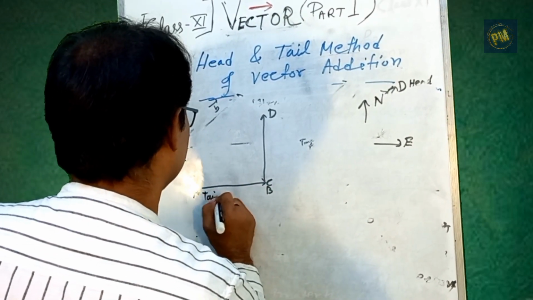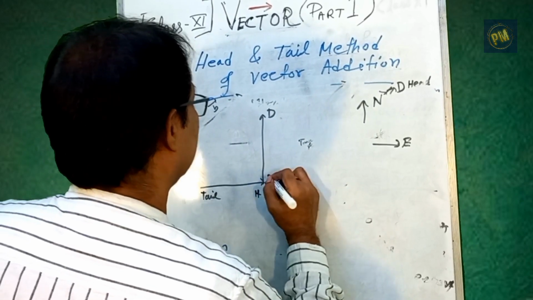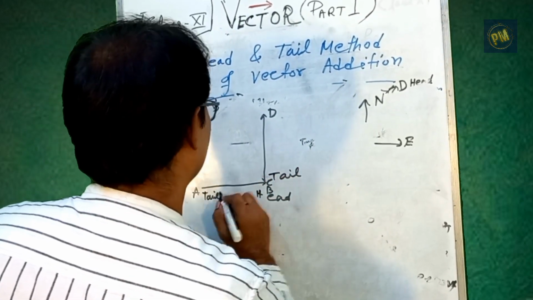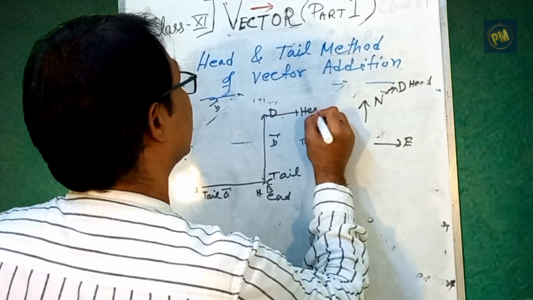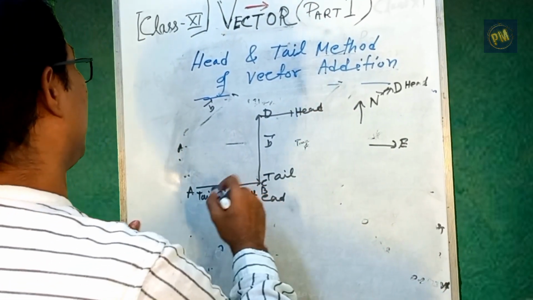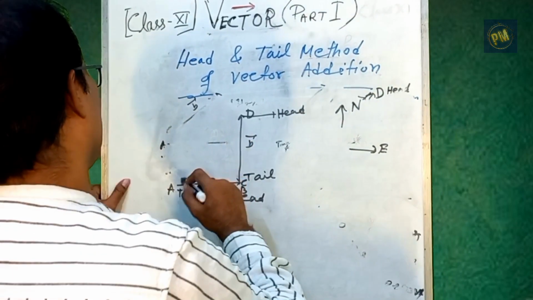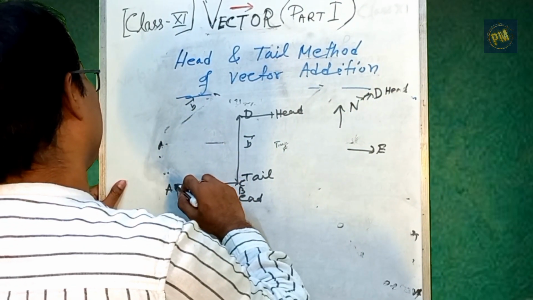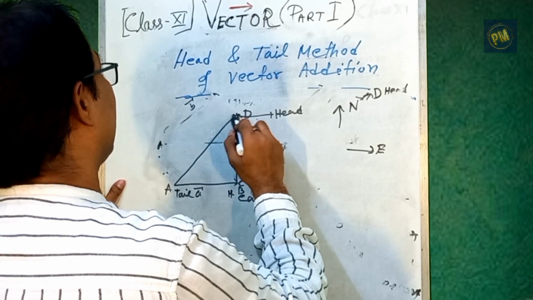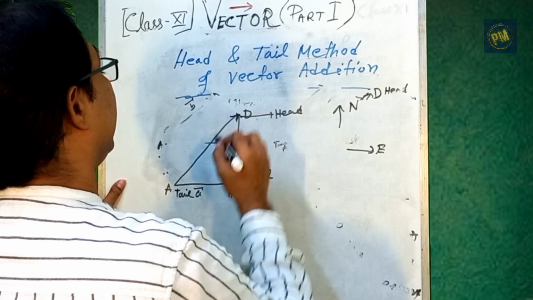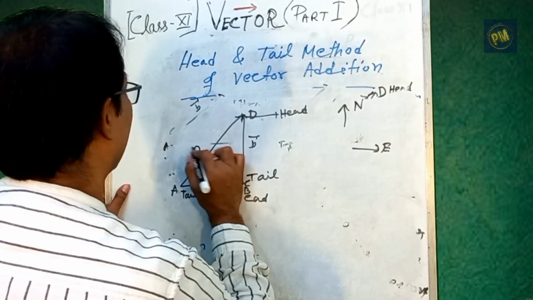This is the tail, this is the head, and this is the tail of vector B, and this is the head of vector B. So join the head and tail of the vectors A and B here. Join the tail of the first vector and the head of the second vector. This is the resultant AD, that is R.